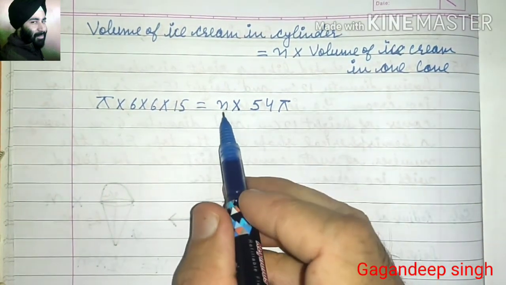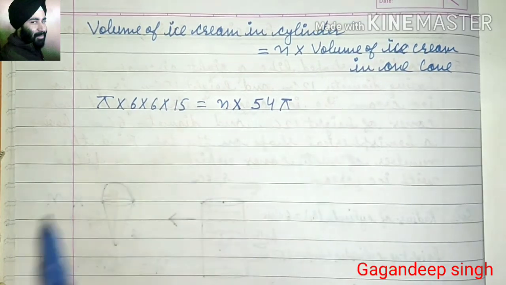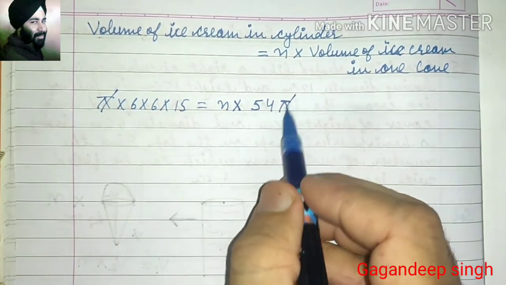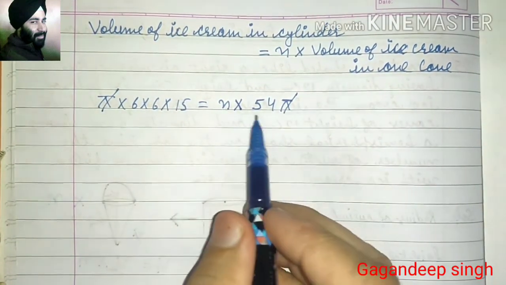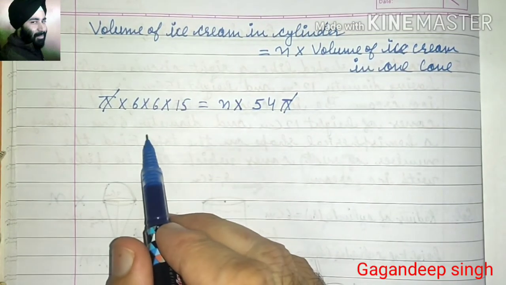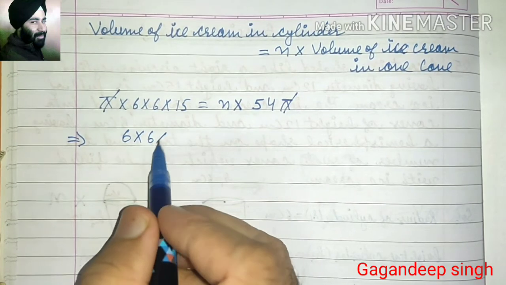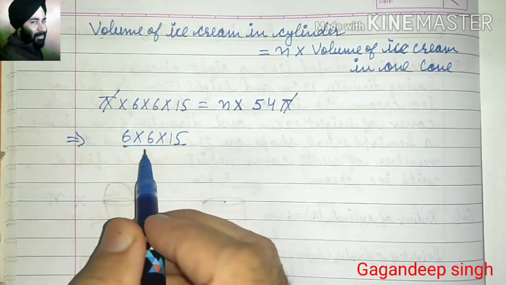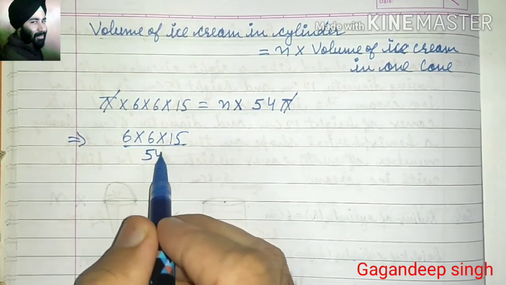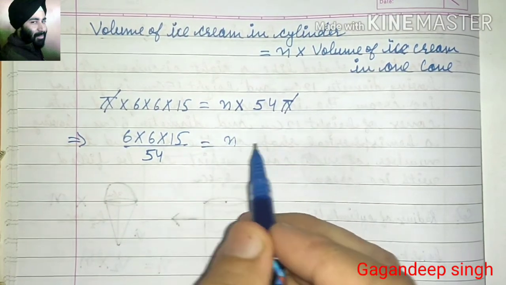So we have to find number of cones. So pi and pi are cancelled. This 54 will come in the denominator. 6 into 6 into 15 upon 54 is the value of number of cones.